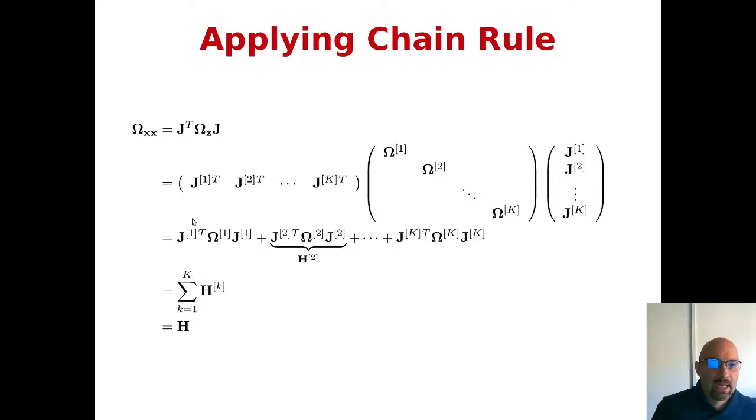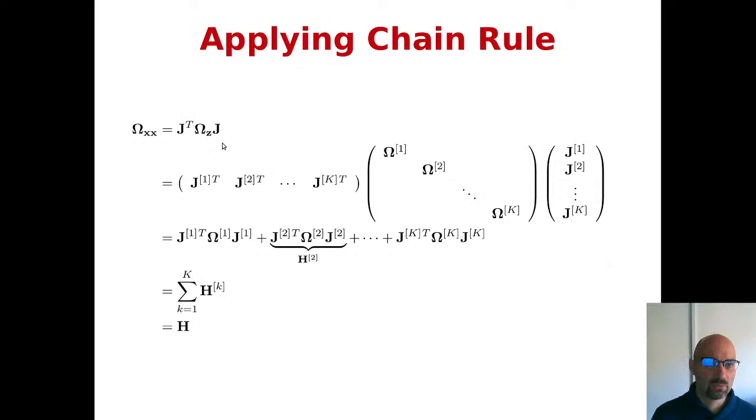We go back and we retrieve our definition of this gigantic Jacobian, which is the one constructed by stacking all the Jacobians of the measurements. J, as we recall, is the stack of all the Jacobians of the measurements. Omega is the diagonal block matrix constructed by accumulating the blocks of the measurements. And this is the transpose of this.